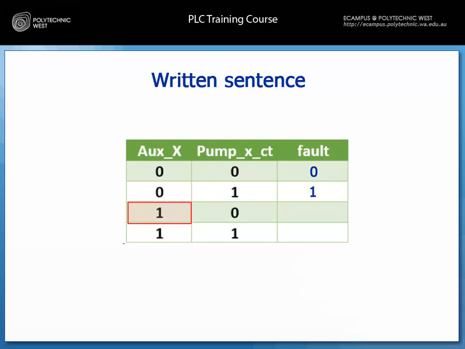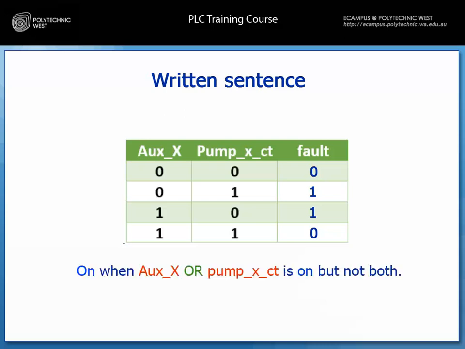If auxiliary X is on and pump X CT is off, then this is a fault. We'll show a 1. If auxiliary X is on and pump X CT is on, then this isn't a fault. We show a 0. Fault is on when auxiliary X or pump CT is on, but not both.